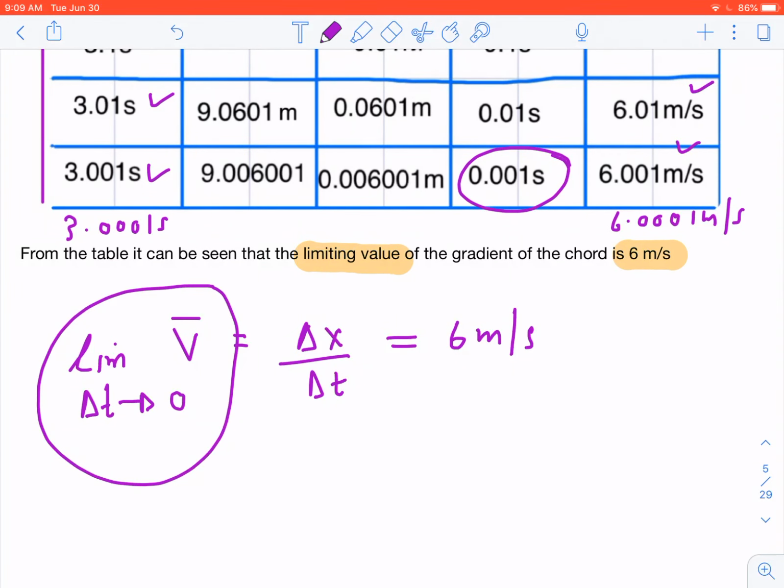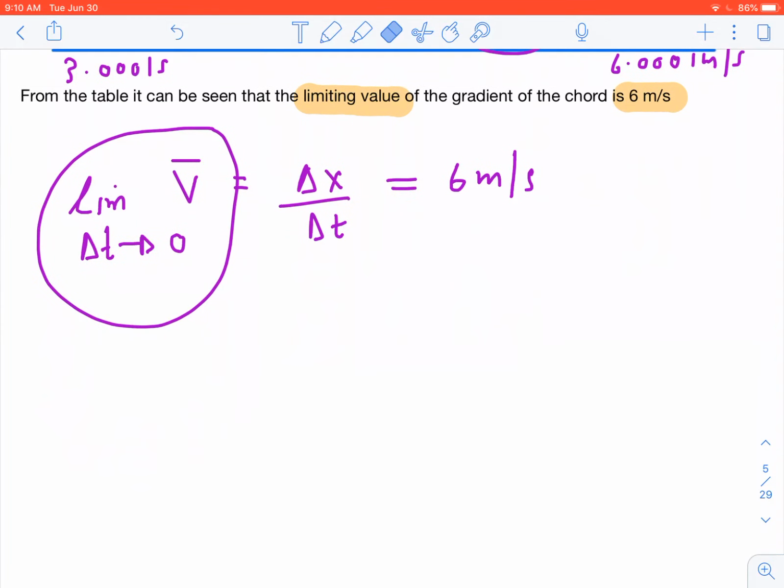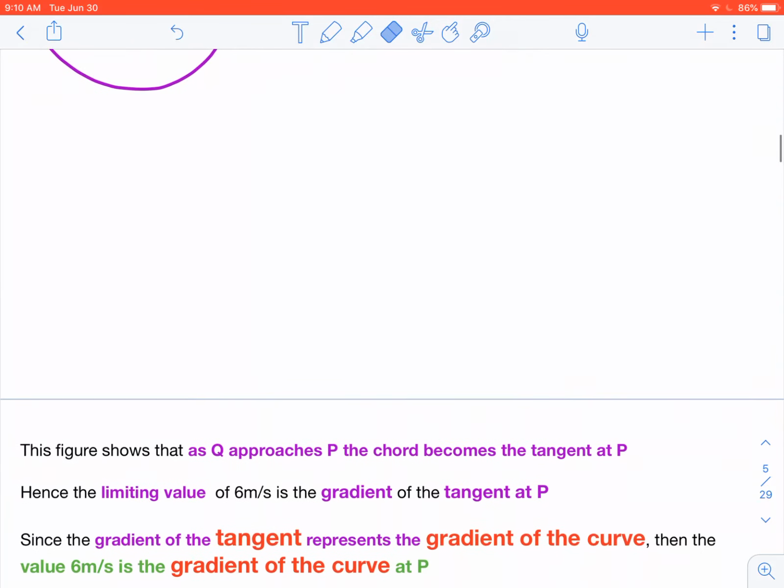You will do these limits in grade 11 if you're doing mathematics, but the important point to remember here is that when the line is a tangent to the point on a position-time graph, then that gives you the instantaneous velocity. So whilst I've shown you the mathematics here, you need to understand the conceptual implication of instantaneous velocity.